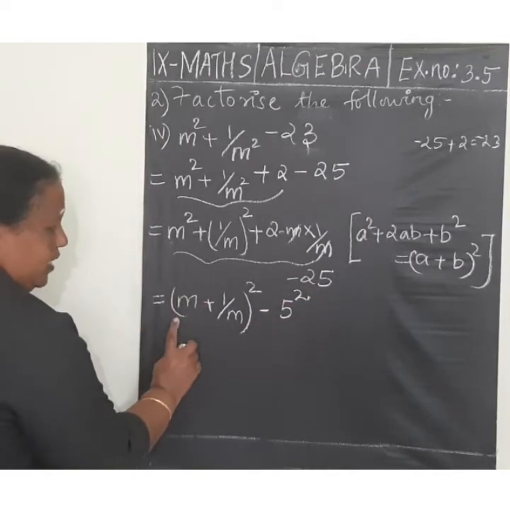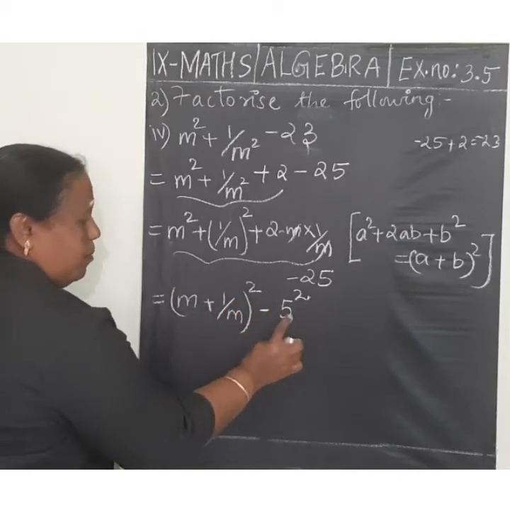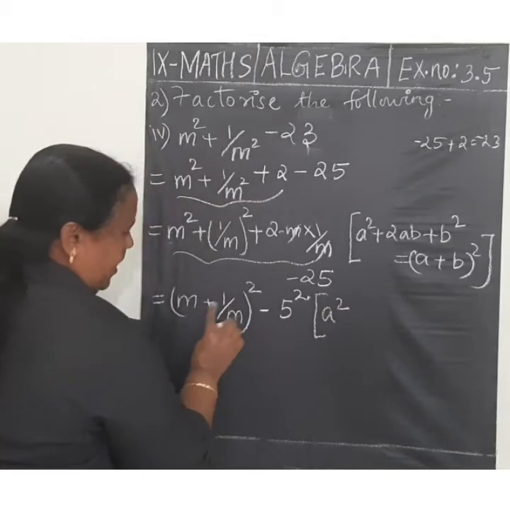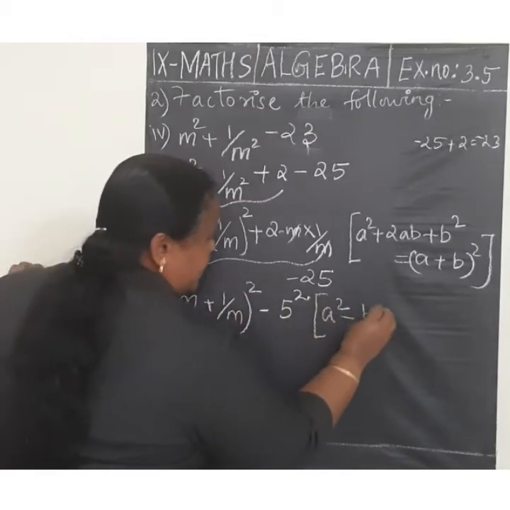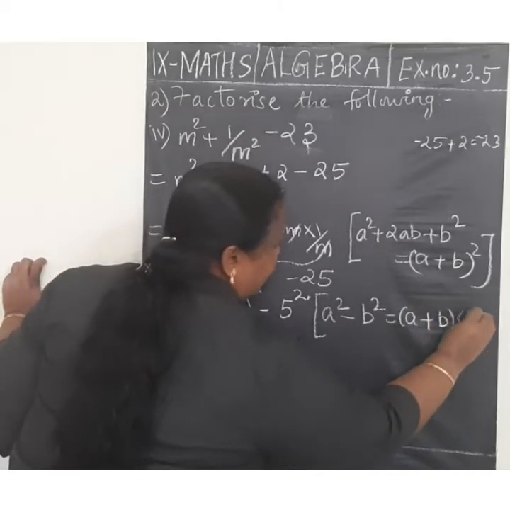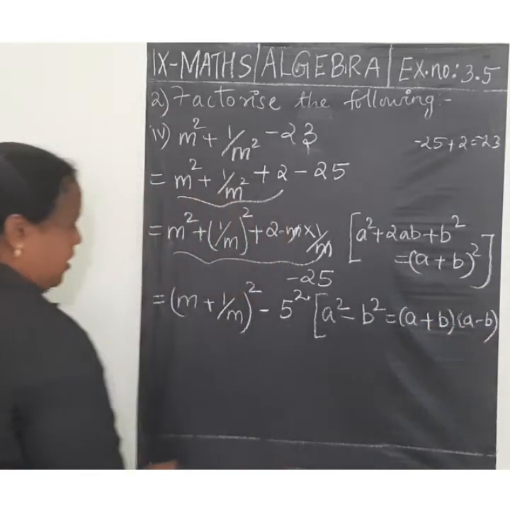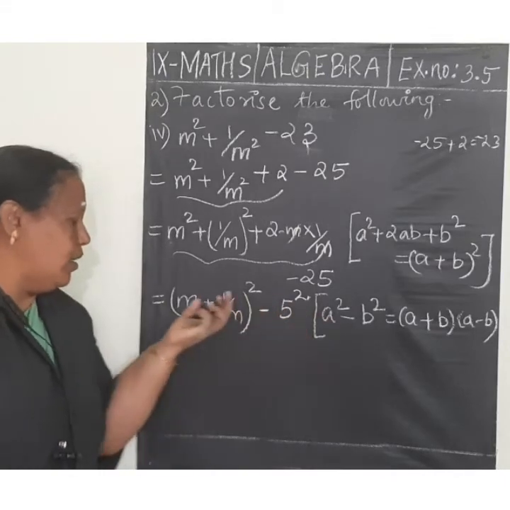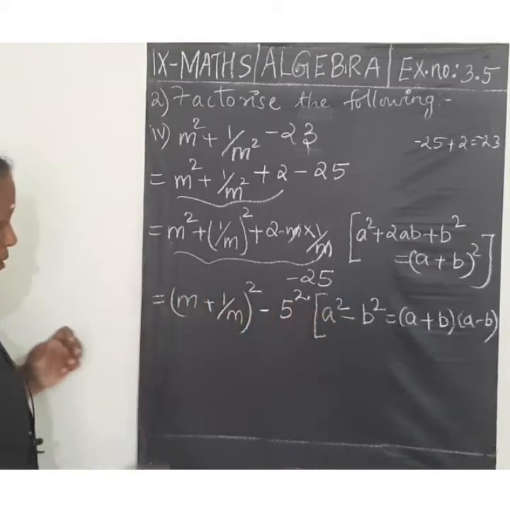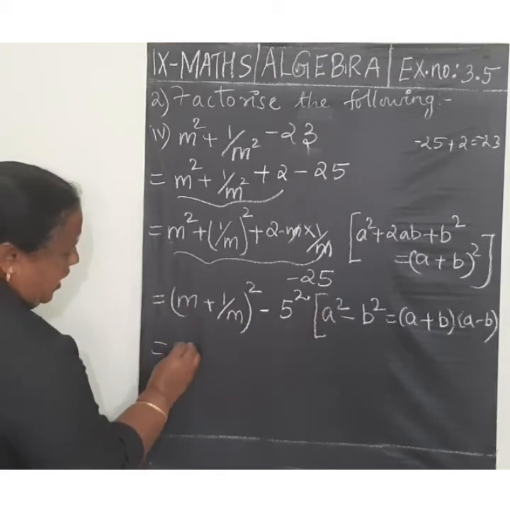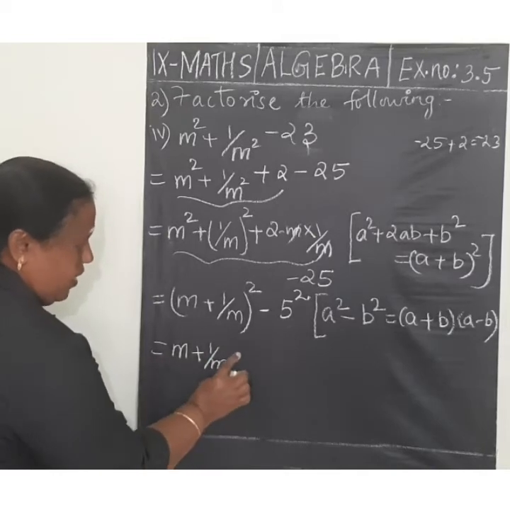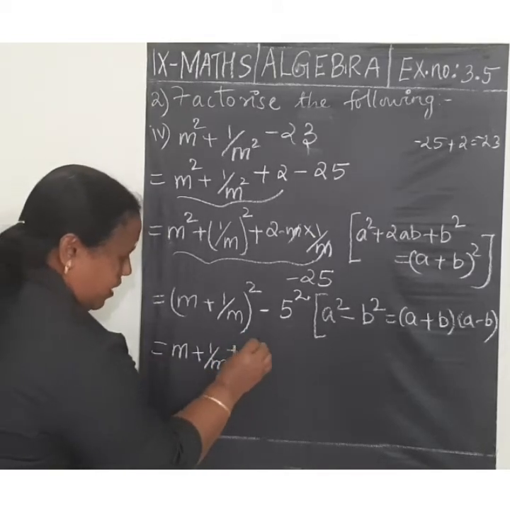Now it is in the form of a squared minus b squared. Here we are using another identity: a squared minus b squared is equal to a plus b into a minus b. So here our a is m plus 1 by m, b is 5.